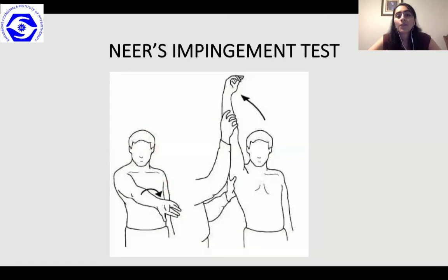What happens with special tests is that you always have to do one or two special tests to rule in or rule out the condition.